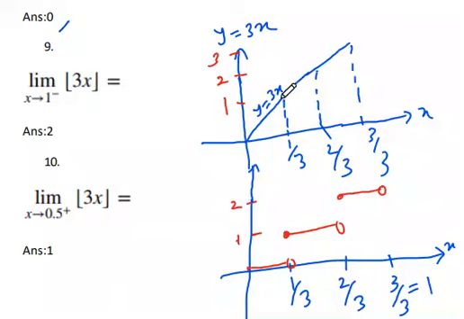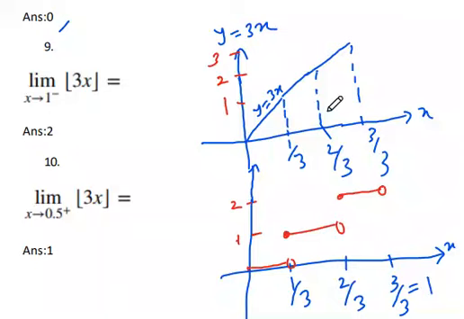In this area, what is the greatest integer which is not greater than this value, which is 1? So in this area the greatest integer is 1. Therefore for these x values, the floor of this thing is 1, right?